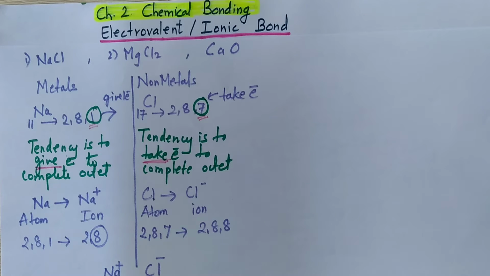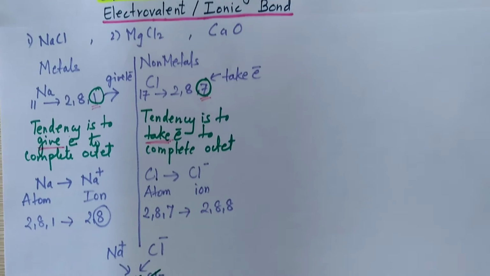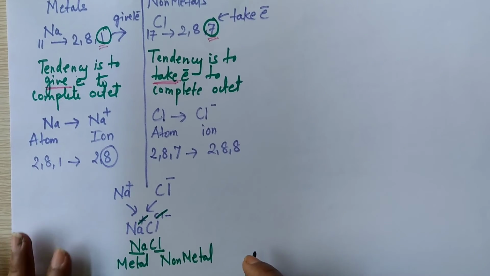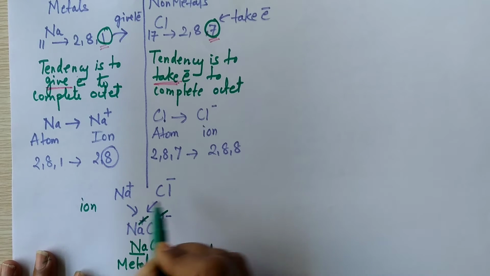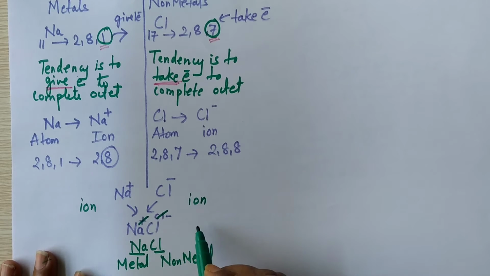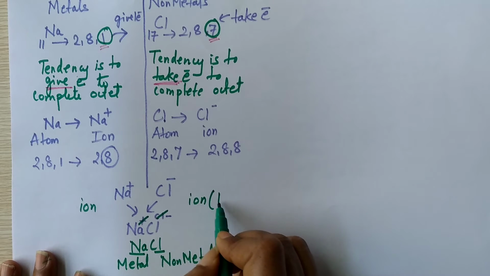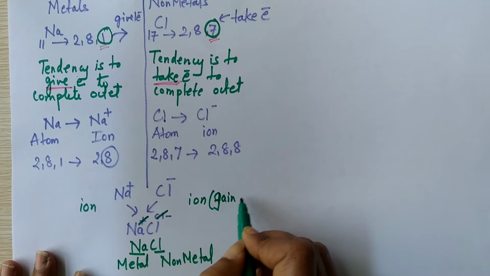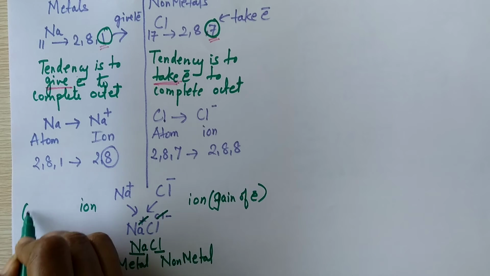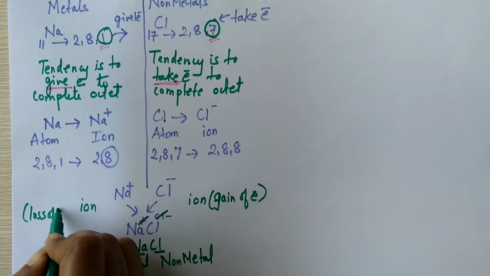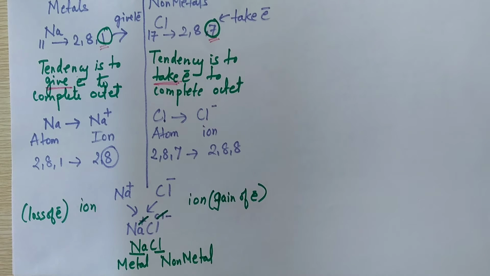One is metal, the other is non-metal. Na plus and Cl minus are ions. This is formed due to gain of electron, and this is formed due to loss of electron. So electrons are involved.